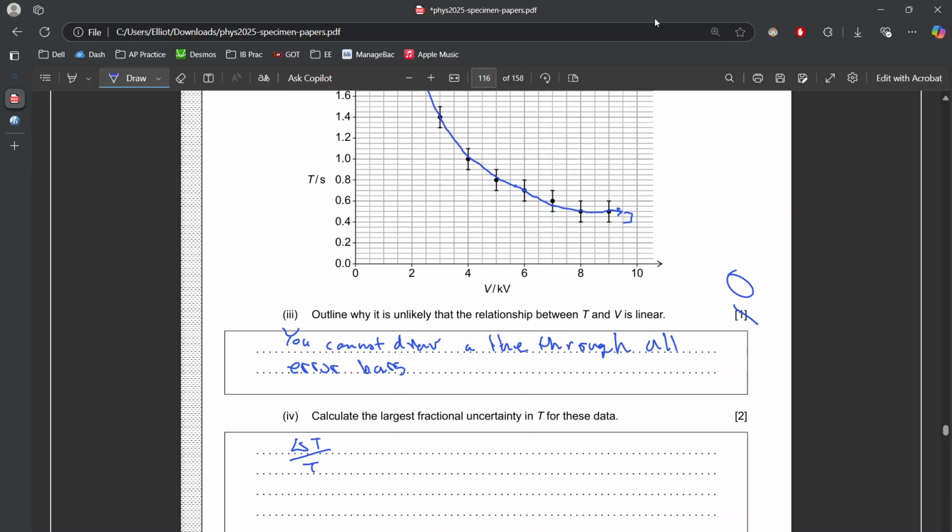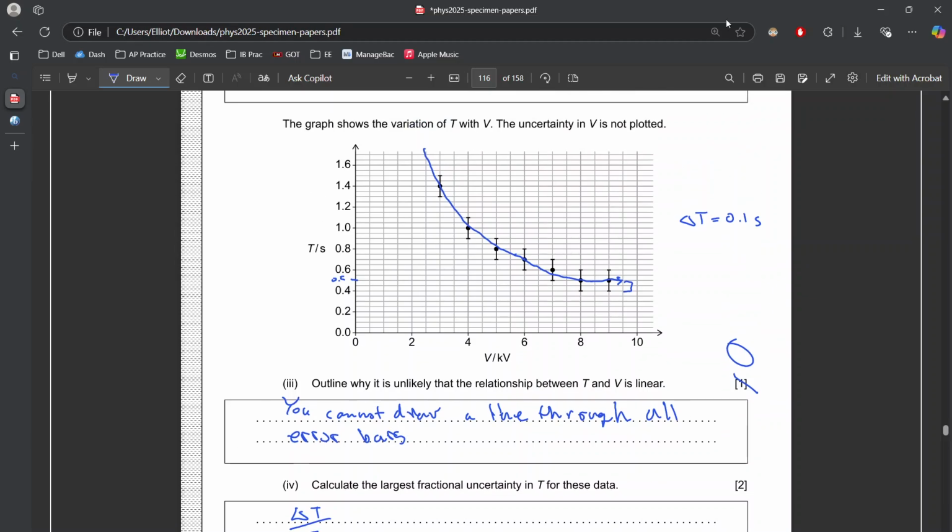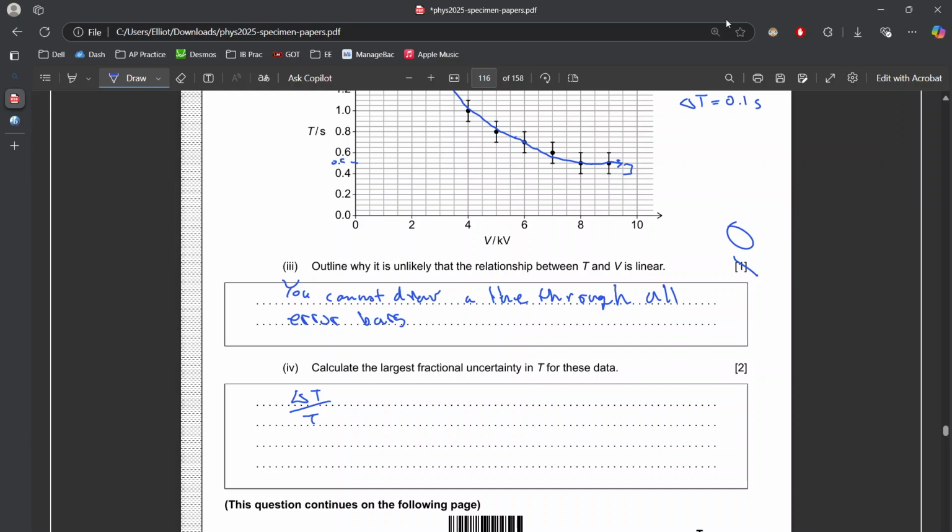Okay, sorry, so 2. So it's halfway between, so this right here is going to be 0.5, which means 2 little rungs is going to be 0.1 seconds. So delta T is equal to 0.1 seconds, it looks like, for all these measurements. Oh, but you already knew that.